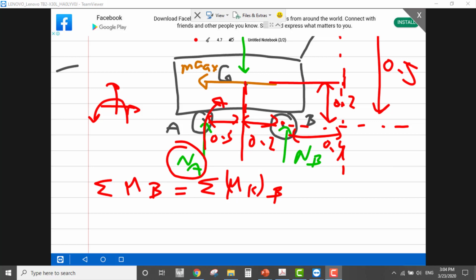So we'll say minus (0.5, 0.2 plus 0.3, 0.5) multiplied by NA, which is unknown. Then we have weight.